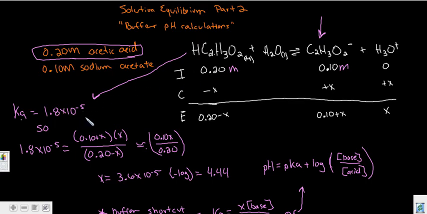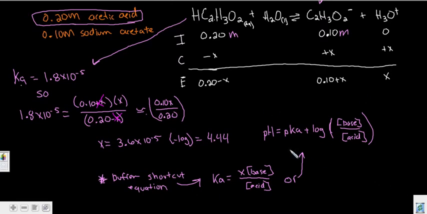So 1.8 times 10 to the negative fifth times 100 is nowhere near 0.20. So we can take away this plus x and this minus x. Here's what we get: 0.10 times x, so 0.10x, divided by 0.20.